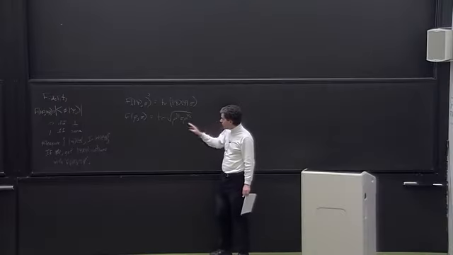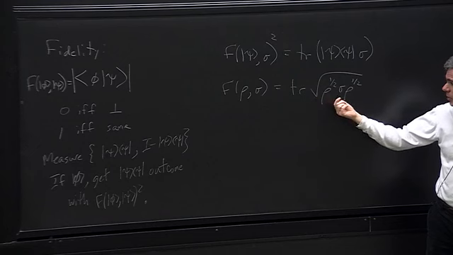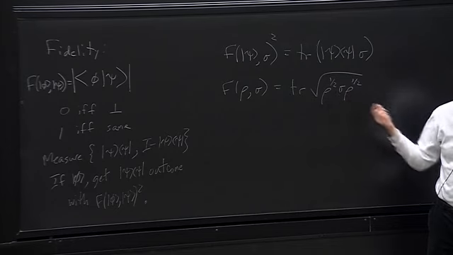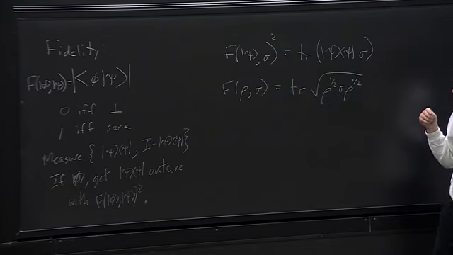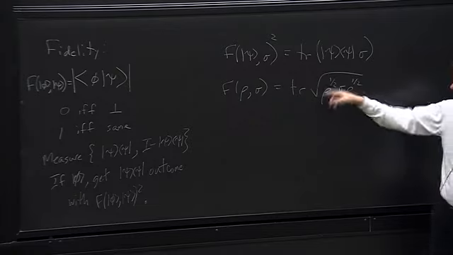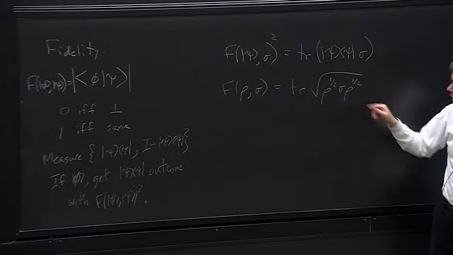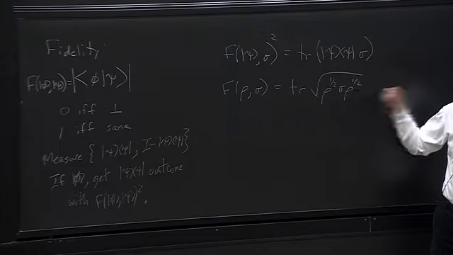So it's kind of like the square root of trace rho sigma. Well, not very much like that because this square root is inside the trace rather than outside. But the thing is, you get one power of rho here. You have rho to the 1/2 and rho to the 1/2.